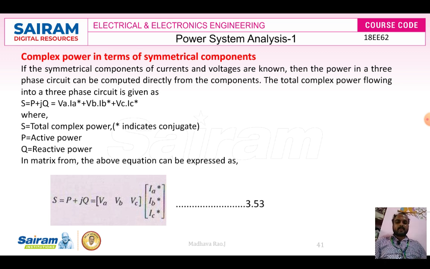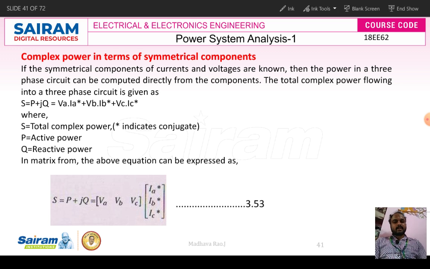In terms of matrix, you can write S is equal to P plus jQ is equal to VA, VB, VC into IA conjugate, IB conjugate, IC conjugate. If you multiply voltage and current, we will get complex power. When cos phi is equal to 1, the power factor is equal to 1. This is how we find the complex power.